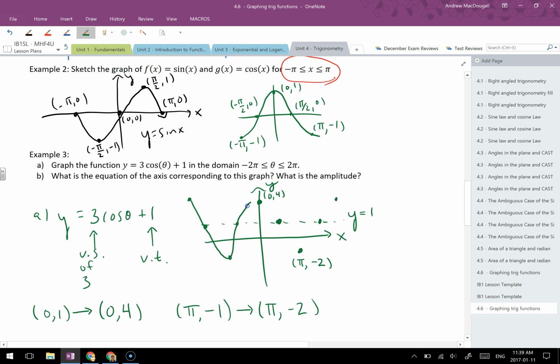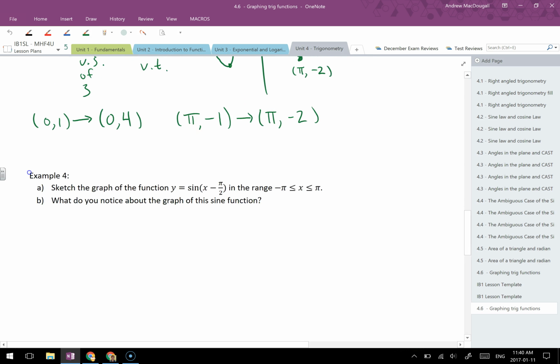So it's going to look something like this. Okay, so I've graphed 2 periods here because we're going from negative 2 pi to 2 pi. Got to be very careful. Okay, so that's that example.